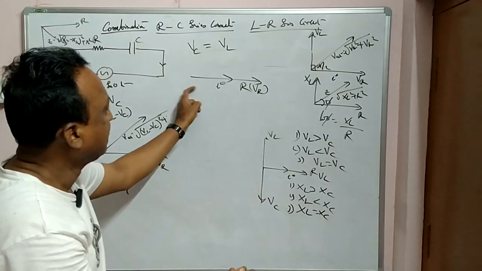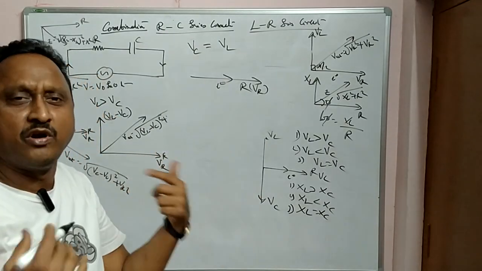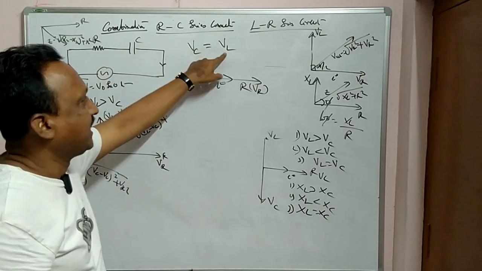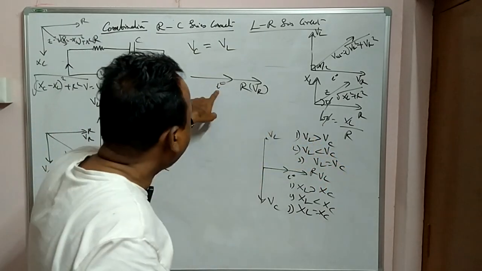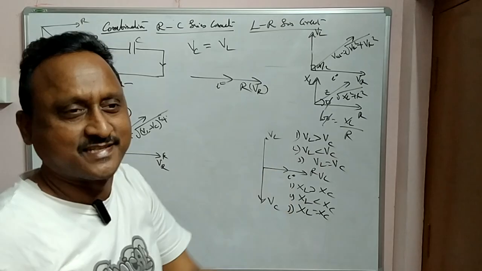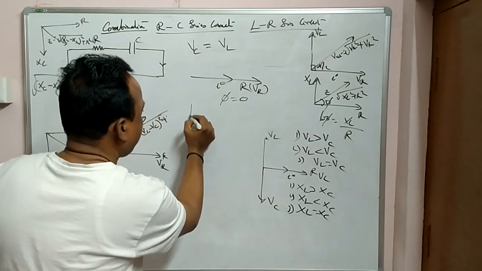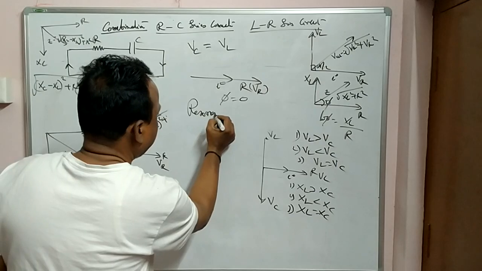When they are equal, what remains is only the resistance. It is equal to a pure resistor. See, when the voltage across the capacitor and inductor are equal, then only the resistor remains. It is equal to a pure resistor and the phase difference is 0.